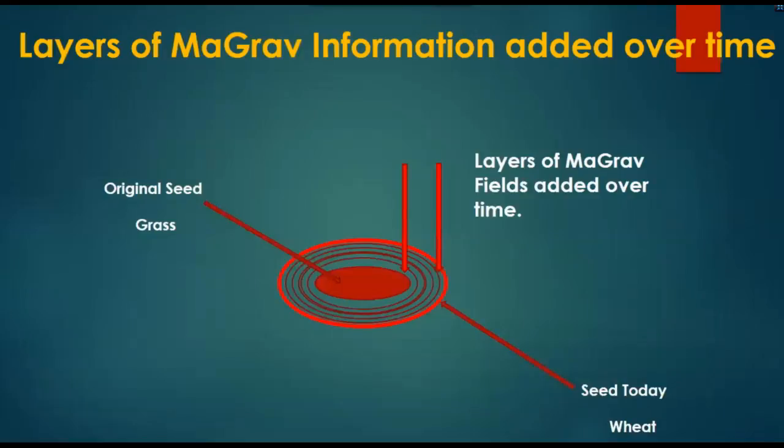And so that seed builds and builds this information over time to the point where we have that wheat seed today. It's just layers and layers of magnetic and gravitational information.